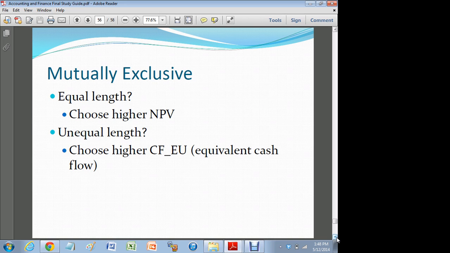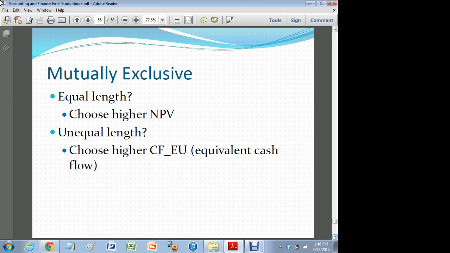If they are mutually exclusive, so you have project A and B, you can't do A and B. You can only do one or the other. If it's equal length, then you just choose the higher NPV. But if they are unequal length, then you have to choose the one with the higher equivalent cash flow.